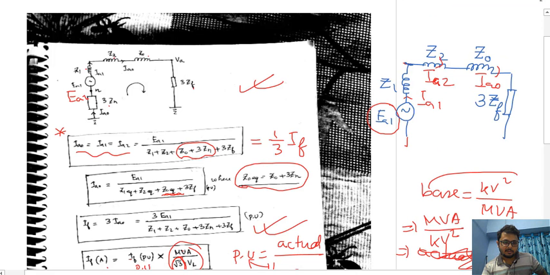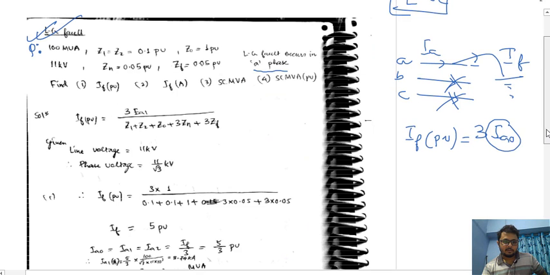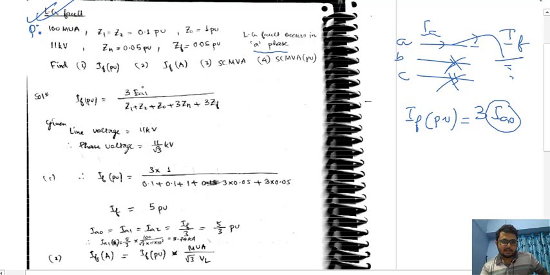IA0 is EA1 by Z1 plus Z2 plus Z0 plus 3 times Zn plus 3 times Zf. If these values are given, use them; if these are not given, take them as 0. IF equals 3 times this. Here Z1 we know, Z2 we know, Z0 also we know, Zn is also given and Zf is also given. So simply put the values here.